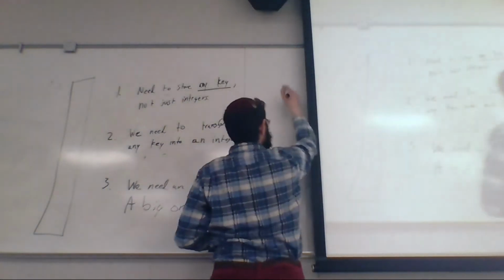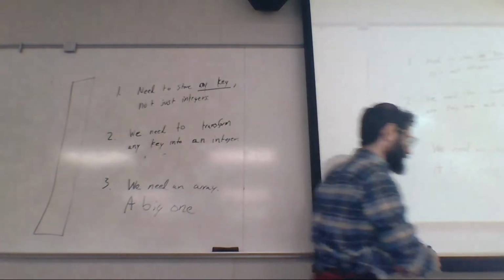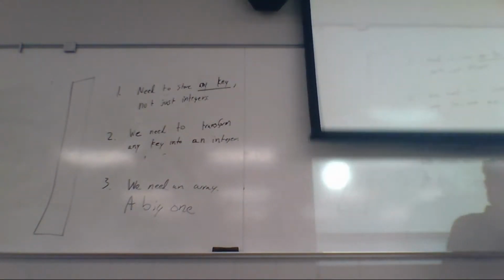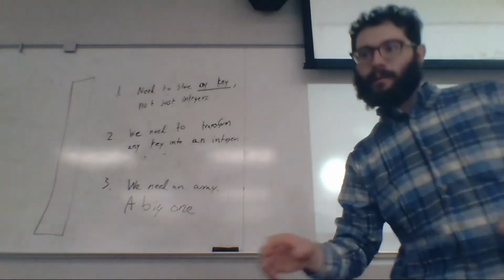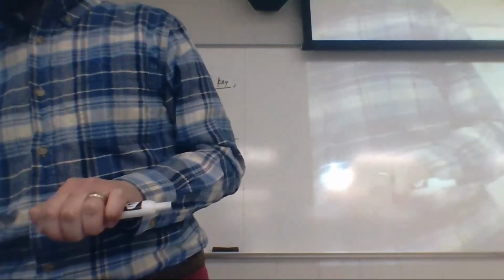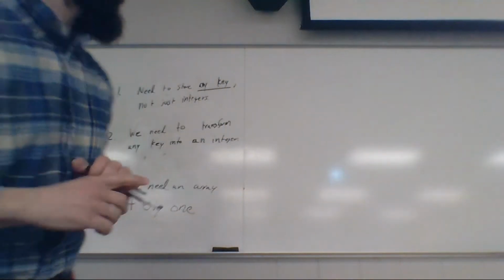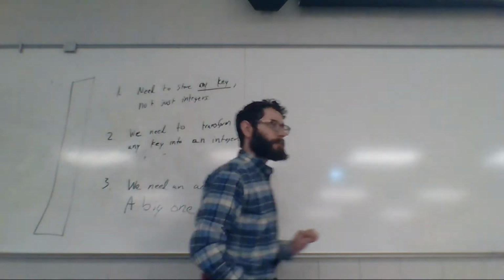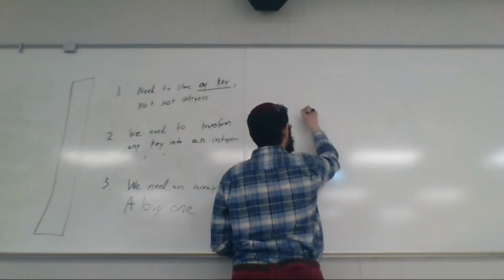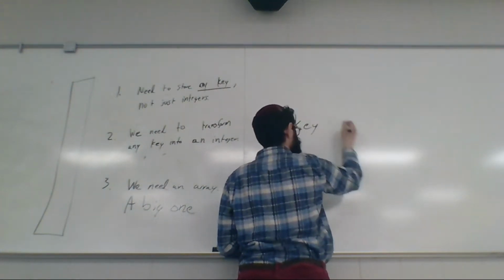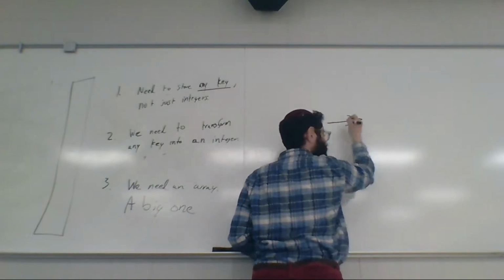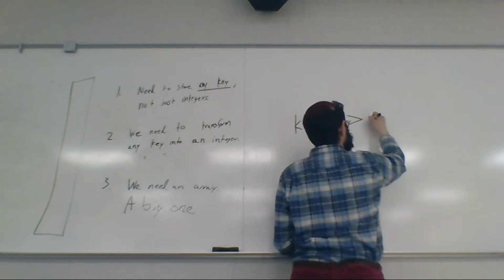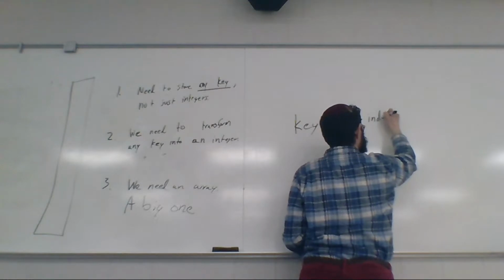Actually, I need the whiteboard for this. The way we're going to solve this problem is that, given some key, I'm going to transform it into some integer, specifically an index.